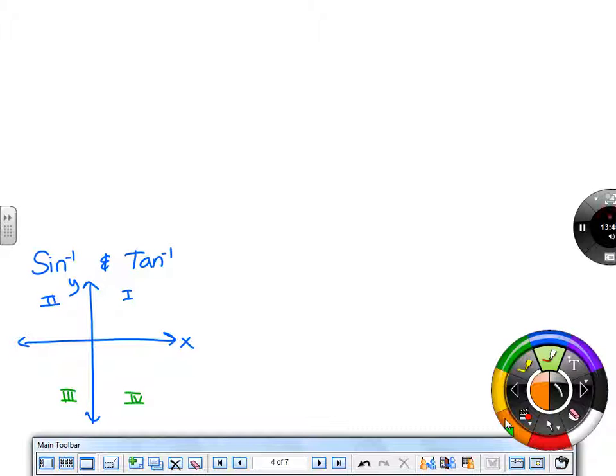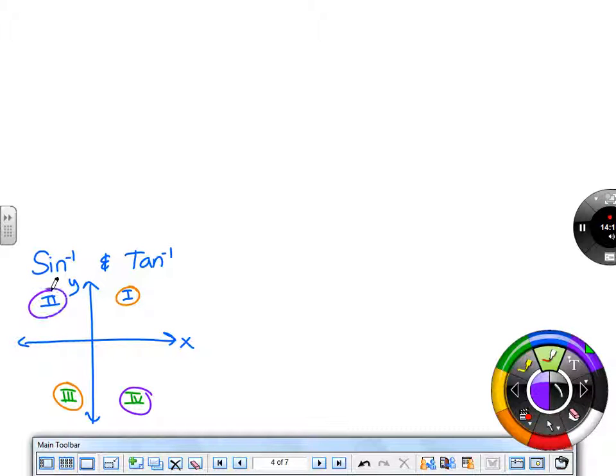Which these have the same y coordinates, but when you divide them by x, this one gets a positive tangent and this one gets a negative tangent, right? So 1 and 2 aren't exactly the same. But down here you have a negative divided by a negative, which turns out positive just like this one up here. So in the tangent, these two are the same. And these two are the same.